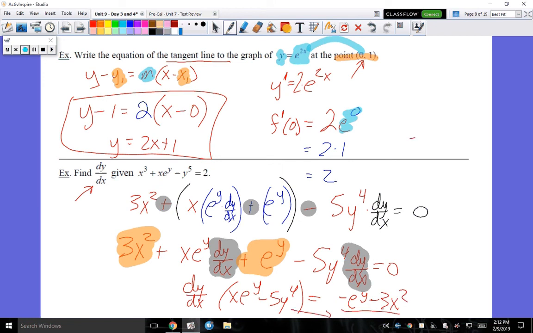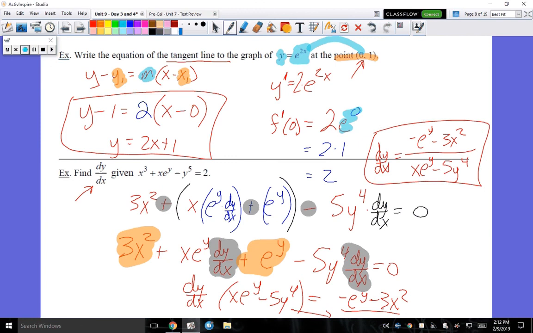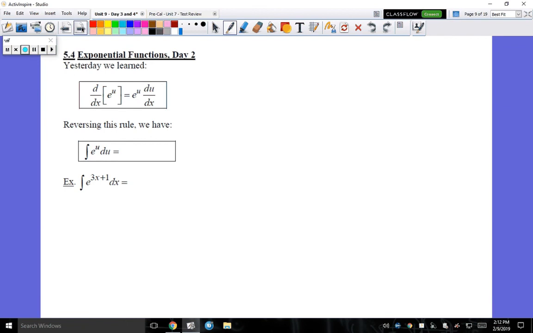So it will look something like negative e to the y minus 3x squared all over x e to the y minus 5y to the fourth. And this is your dy dx now all by itself with no negative powers. That looks good enough for me. Alright, that's it.